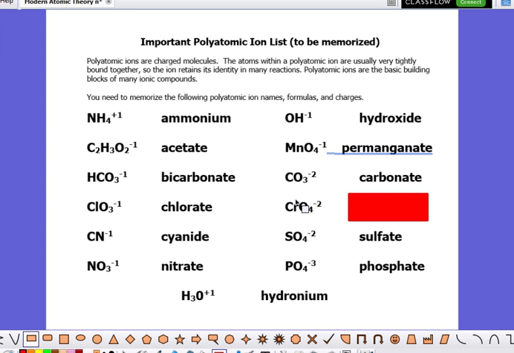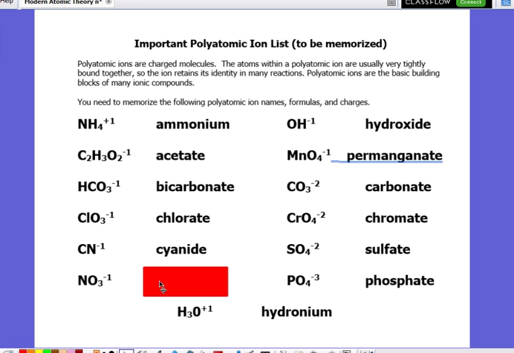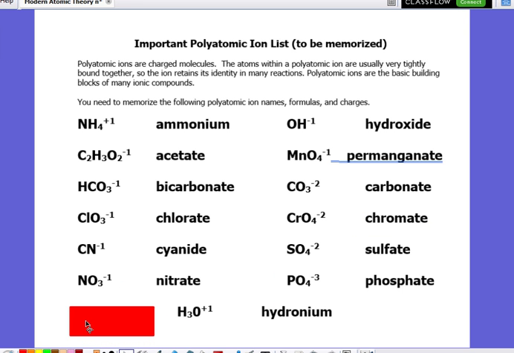So you might see CrO4 minus 2, and you have to tell me the name of CrO4 minus 2. Yes, you have to spell it correctly. There's the tiniest amount of wiggle room, but a misspelling could be a huge deal. If you misspell this word from nitrate to nitrite, nitrite and nitrate have completely different properties.